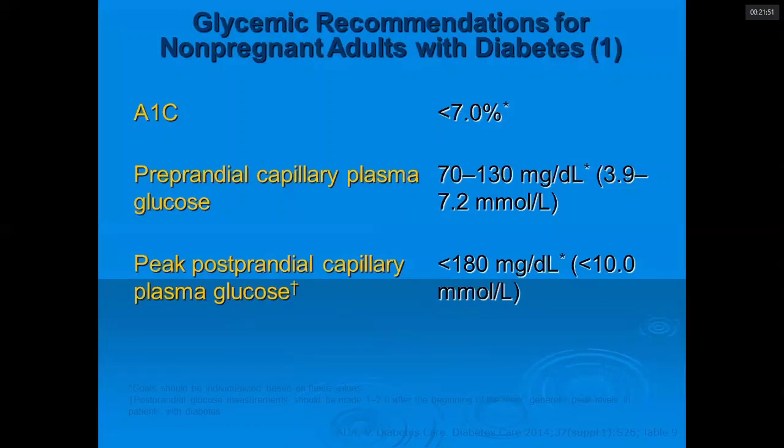Now, glycemic recommendation for non-pregnant adult with diabetes. Our aim is to keep the hemoglobin A1C less than 7 and preprandial capillary plasma glucose between 70 and 130 and peak postprandial capillary plasma glucose less than 180.